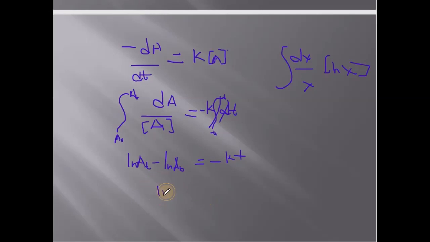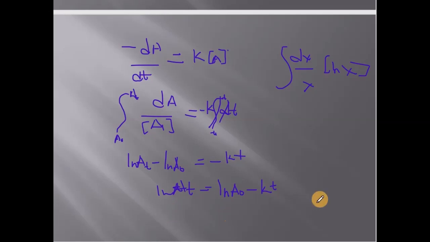Let's maintain the ln of At here at the side of the equation. So we have ln At equals natural logarithm of A naught, then we have minus what? kt. This expression can be attributed to that of what?